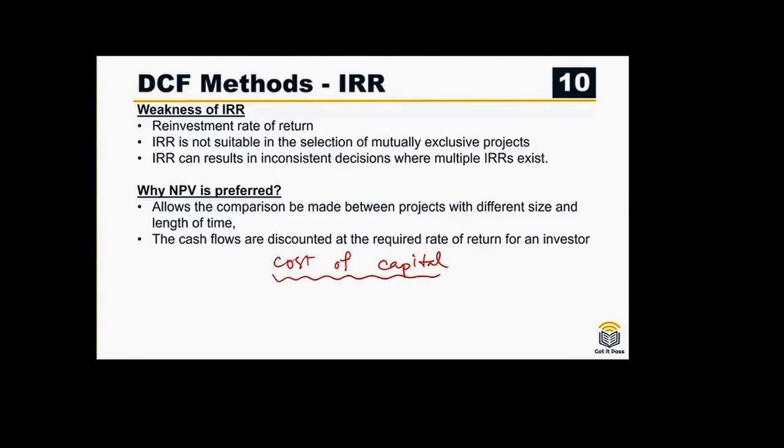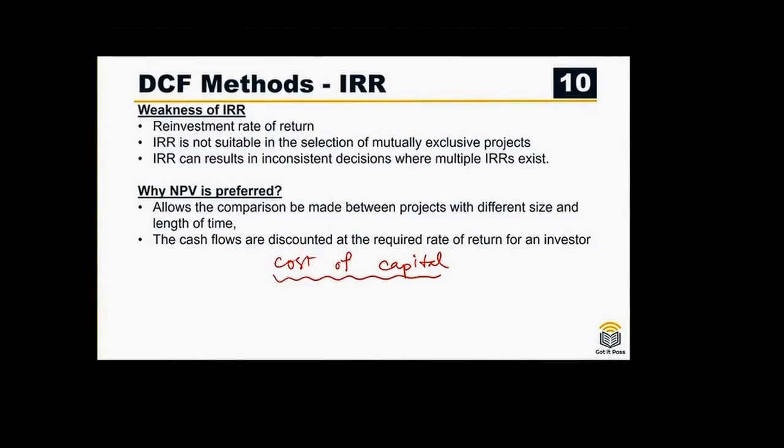This is much better than using the IRR, because IRR is the break-even point of the project and adopts the same reinvestment rate for all cash flows generated in the future. So it is not so sensible in its assumptions.